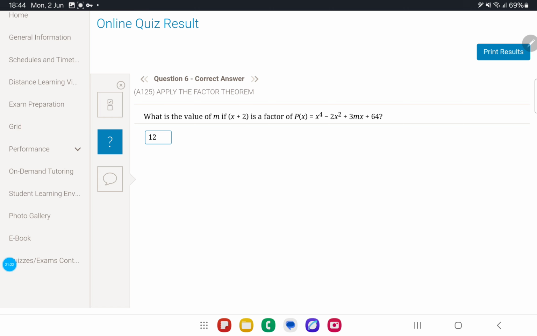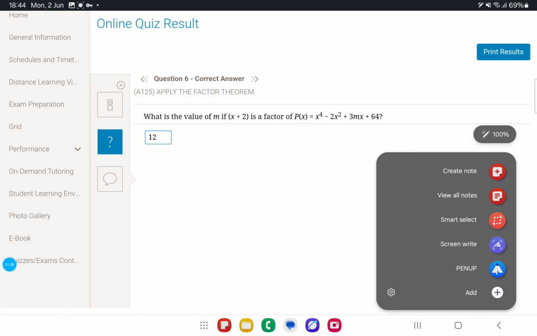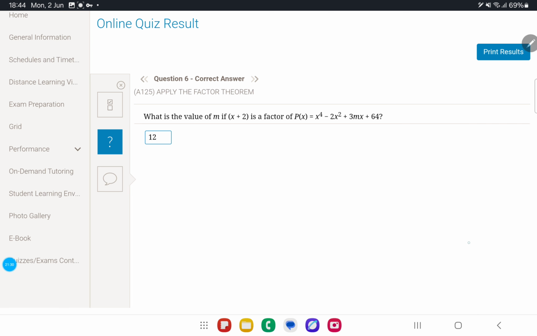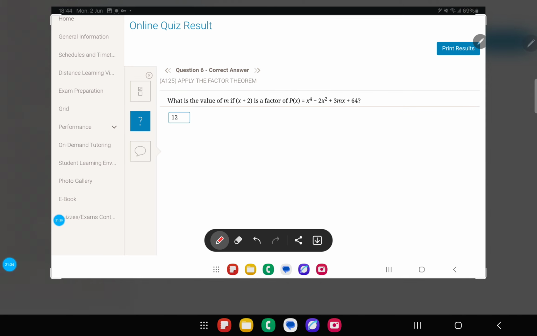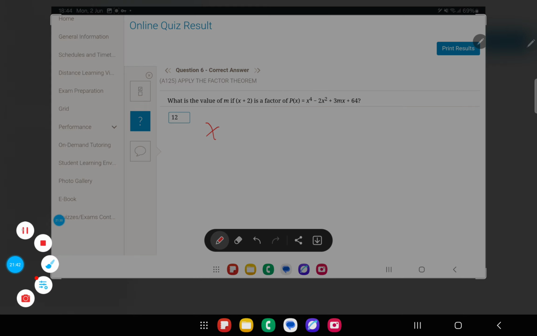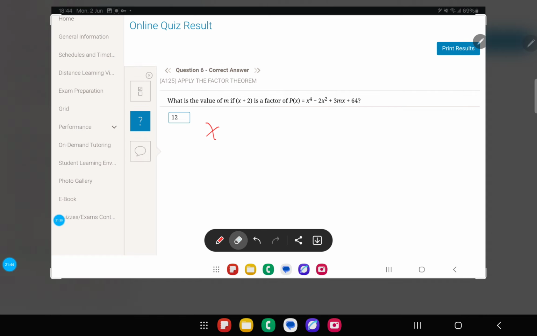Okay, this is what's the value of m if expressed with the factor. Okay, you're gonna use something called the remainder rule. So you're gonna use a rule called the remainder rule.